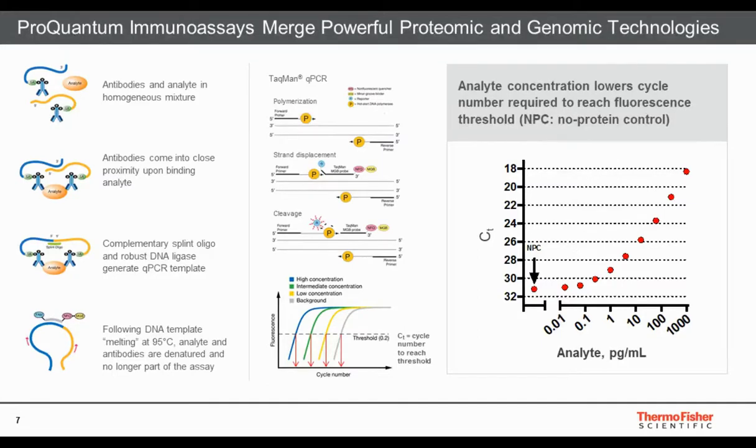The amount of DNA is measured after every cycle via fluorescent dyes that yield increasing fluorescence signal in direct proportion to the number of PCR product molecules generated.